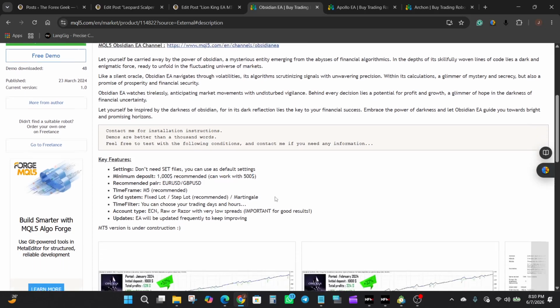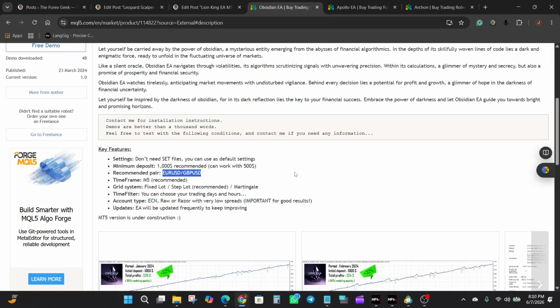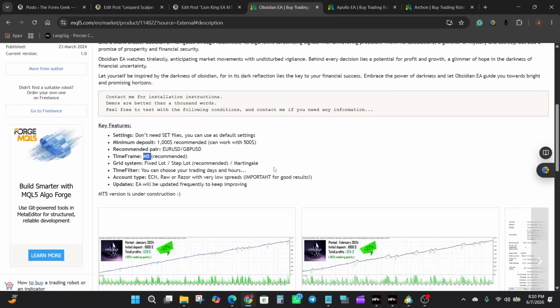The recommended trading pairs are Euro USD and GBP USD, and the preferred time frame is M5. The developer also recommends using low spread accounts such as ECN, RAW, or Razor accounts, which is something worth keeping in mind when evaluating performance.